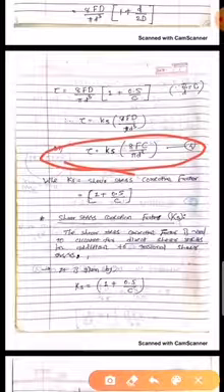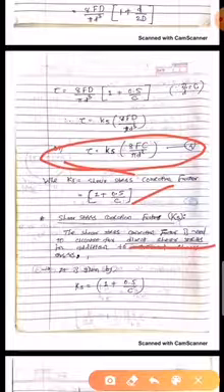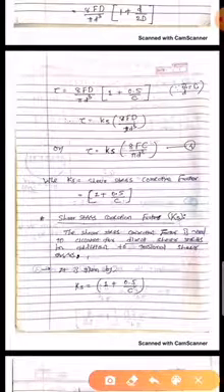Where Ks is equal to what? Ks is the shear stress correction factor, and it is equal to 1 plus 0.5 by C or 1 plus 1 by 2C, both are same. The shear stress correction factor is used to account for direct shear stress in addition to the torsion shear stress.